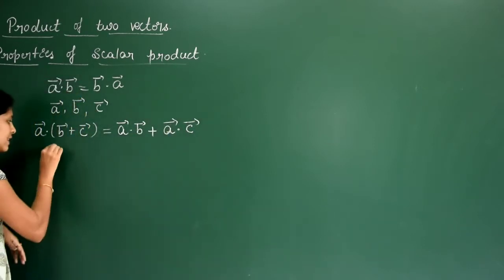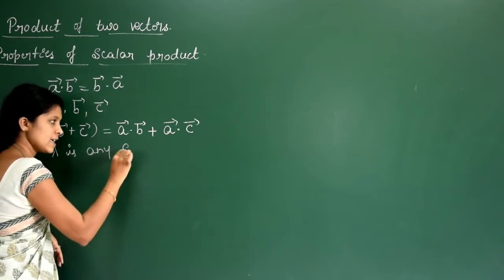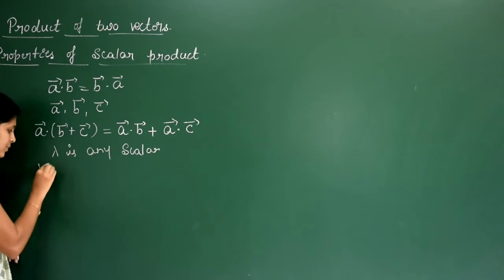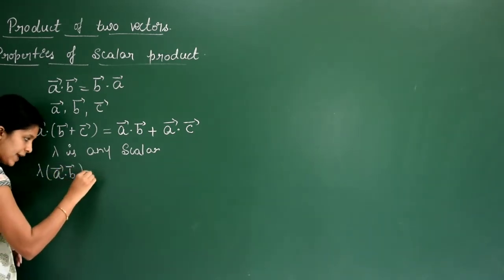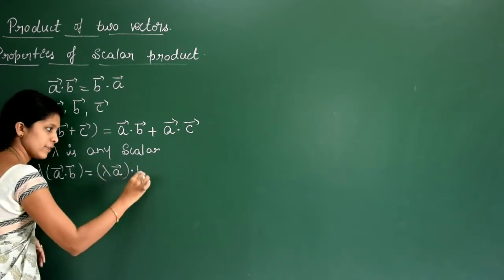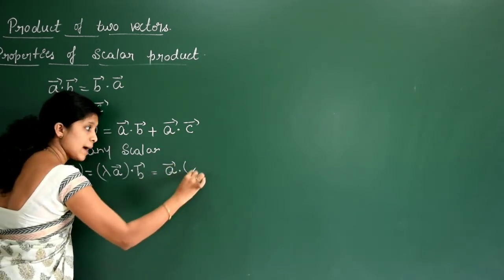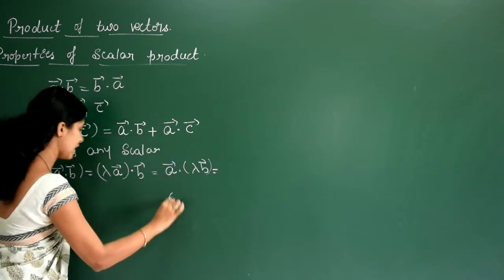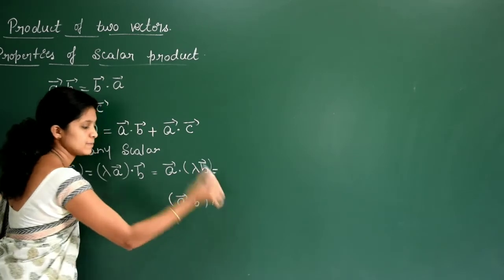Next one, if lambda is any scalar, then lambda into A vector dot B vector can be written as lambda A vector dot B vector, or we can write A vector dot lambda B vector, or you can write this as A vector dot B vector into lambda.